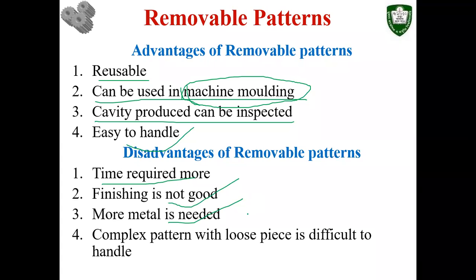A complex pattern with loose pieces is difficult to handle. If a lot of parts are involved with a single pattern, it is very difficult to remove the pattern to produce the cavity. That is why it is very hard to handle the removable pattern.